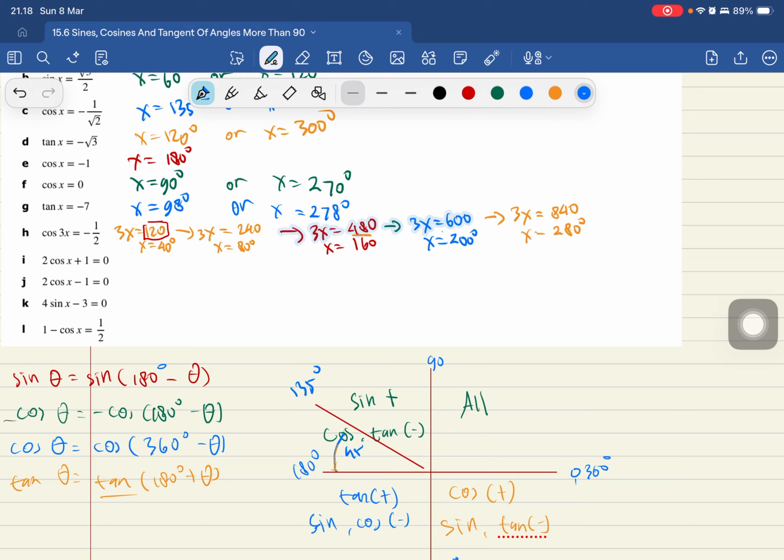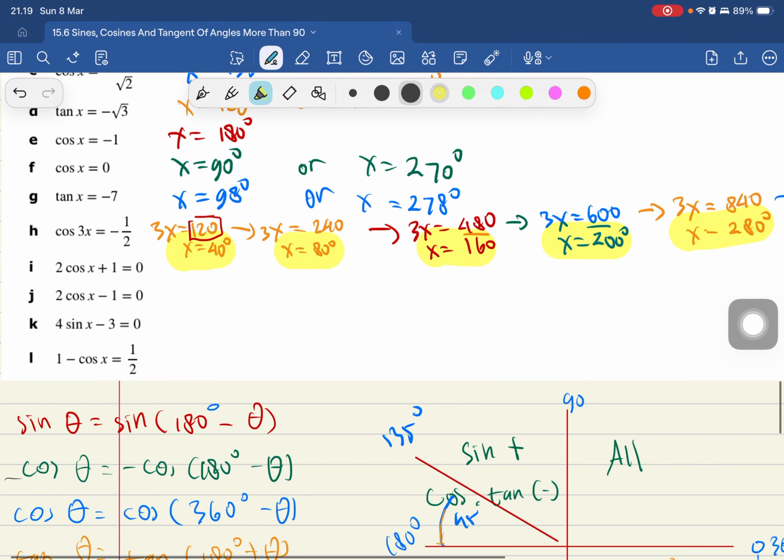The final one is 600, we add 360, so 3x equal to 960. We divide by 3, so it's going to be 320. Okay, so we got the answers: all the x, we got 1, 2, 3, 4, 5, and 6.